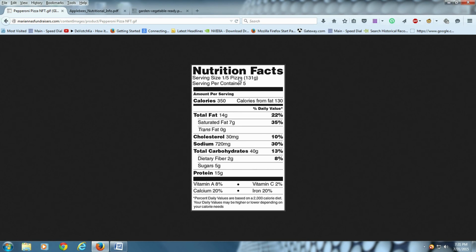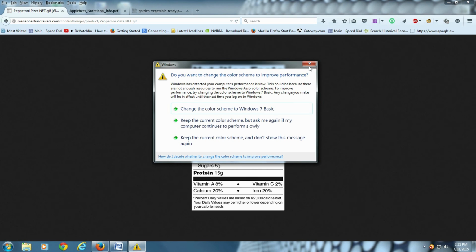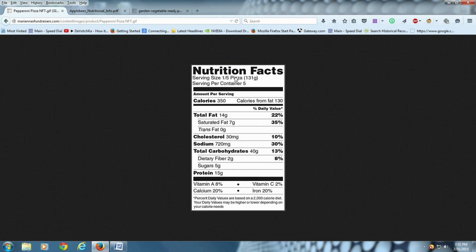If you can't cut 1/5 of the pizza or don't know exactly what 1/5 of the pizza is, you can always weigh it out. So if you have a food scale and you cut up some pizza and weigh it out and you get 131 grams, that's equal to 1/5 of the pizza, which is also equal to 1 serving size. So in the container, the whole pizza is 5 servings.